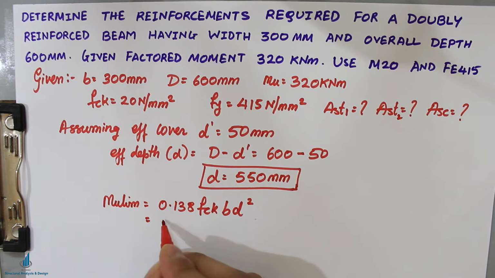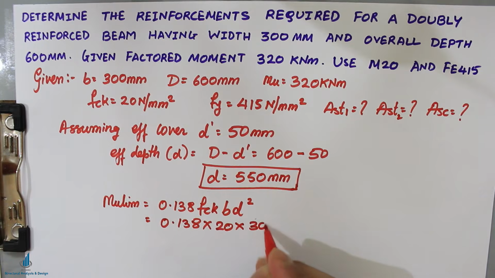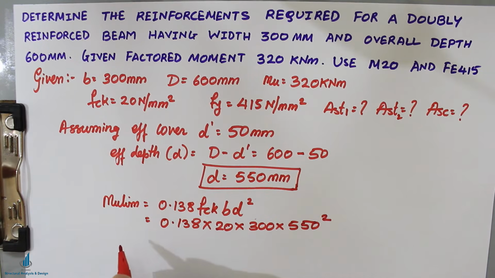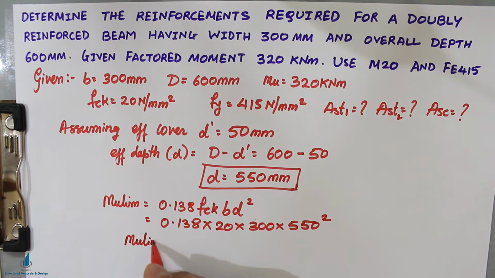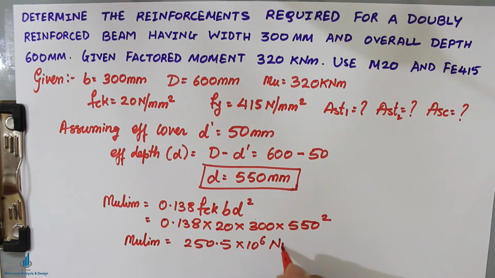So here we can substitute 0.138 into fck is 20, b is 300 and d is 550 square. So this comes out to be 250.5, Mu limit equals 250.5 kilonewton meter, or into 10 raised to 6 Newton millimeter.